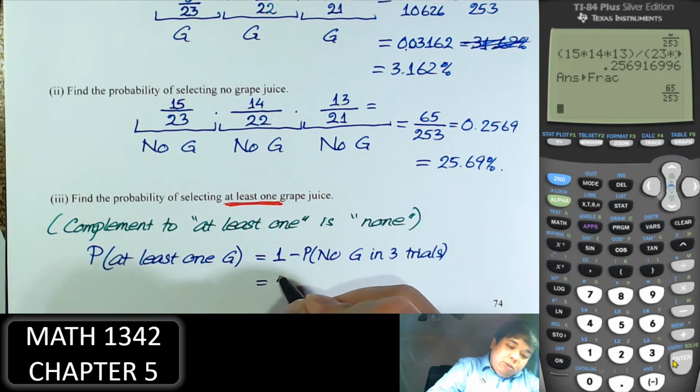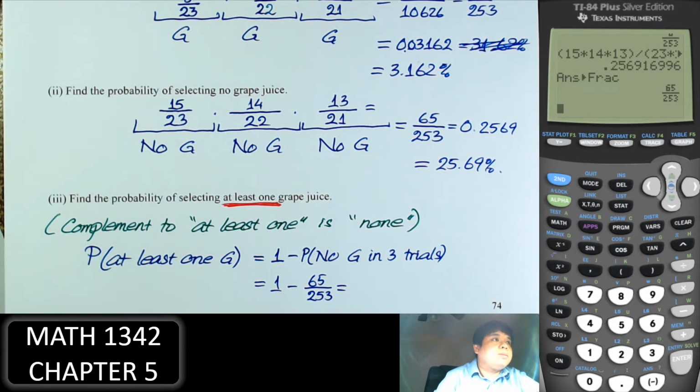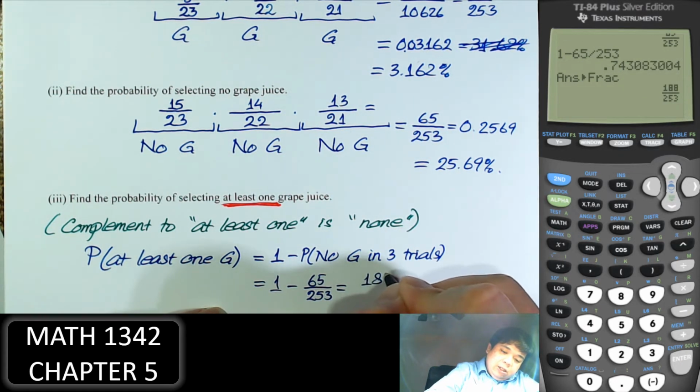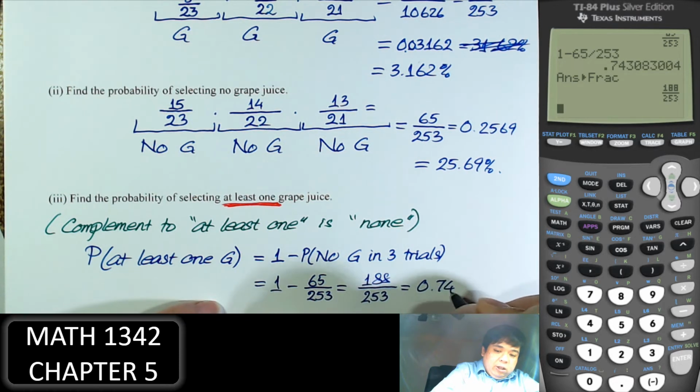So it's going to be 1 minus, it's exactly what we have earlier, 65 over 253. So 188 over 253, or 0.74, or 74.3%.